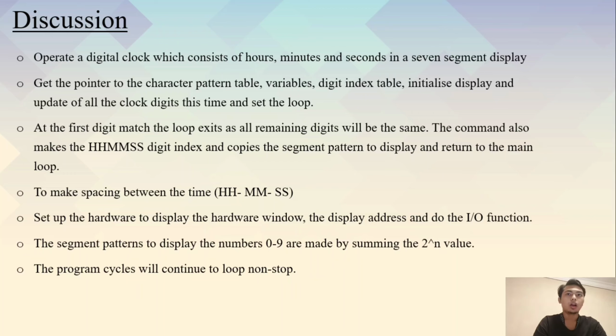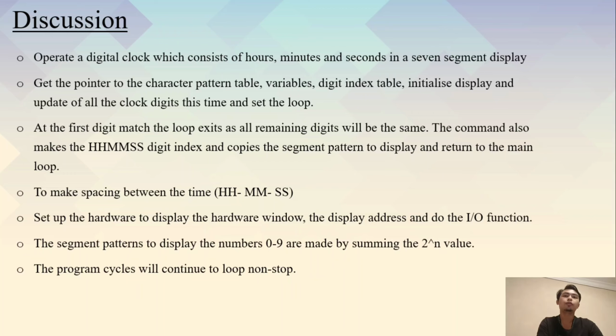After that, at the first digit match the loop, as all remaining digits will be the same, and the command also makes the hour, minute and second digit index and copies the segment pattern to display and returns to the main loop. And we also have to make spacing between the time, which is hour, space, minute and second.